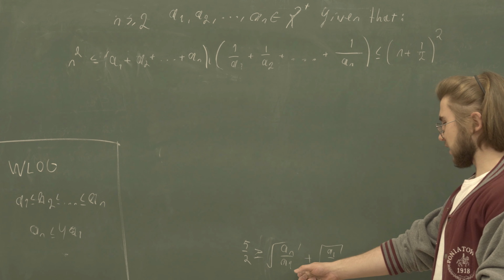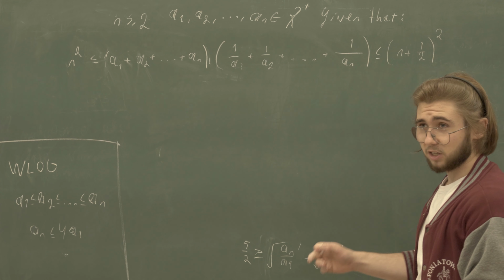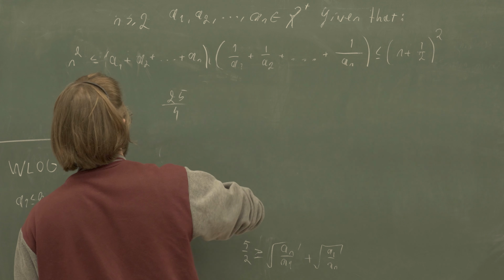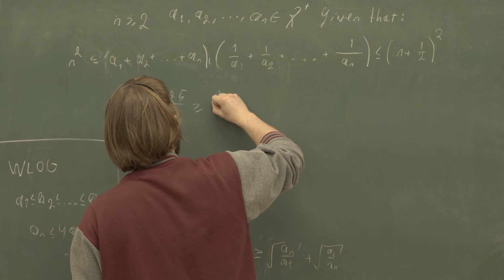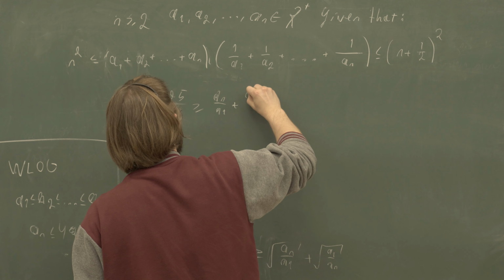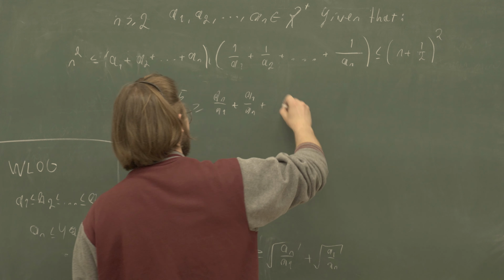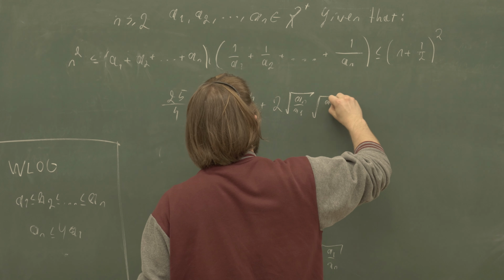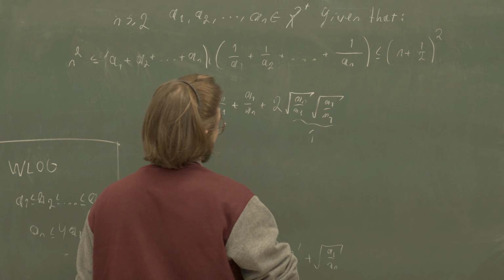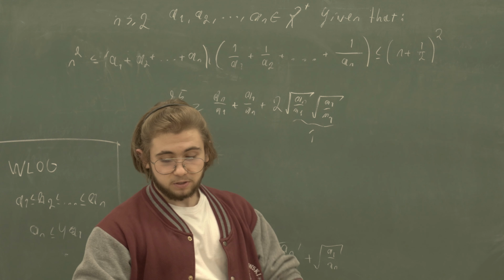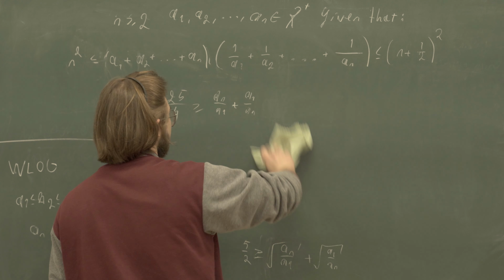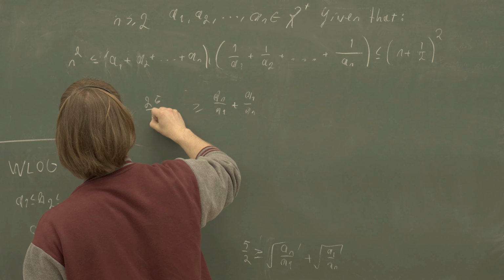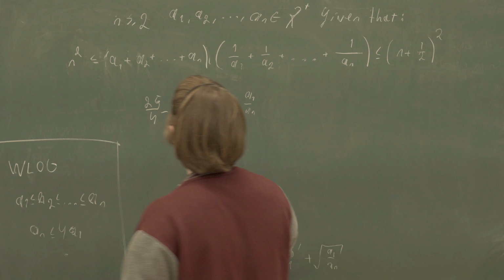Now it would be nice to square both sides to get rid of those square roots, and it works out pretty nicely, because after squaring I will get 25 over 4 on the left hand side, and here I will get an over a1 plus a1 over an, and then plus 2 times the square root of an over a1 times the square root of a1 over an, but this stuff right here is just going to be 1, so that's just 2, which means that I can erase this stuff and just say that I'm adding a negative 2 to the left hand side also.